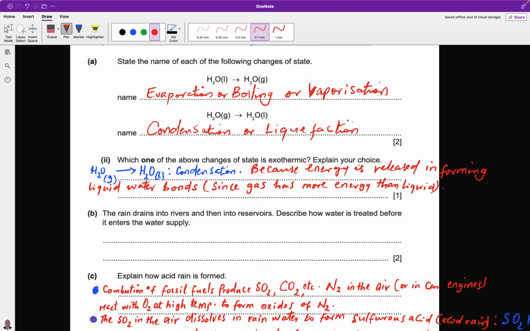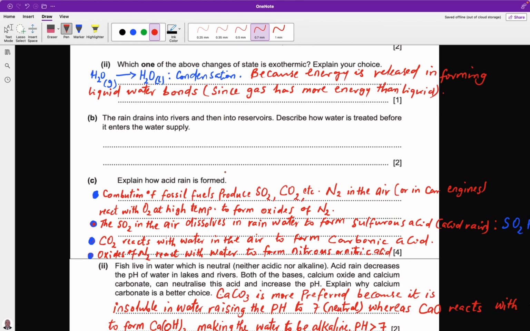And from gas to liquid, that is the one that involves condensation. So from gas to liquid, which is the condensation, that is the one that is exothermic. And the explanation, as I have said, is because energy is released in forming liquid water bonds, since gas has more energy than liquid. B.